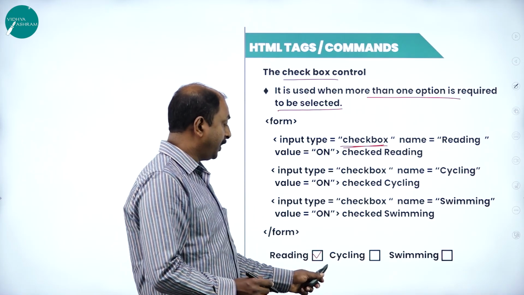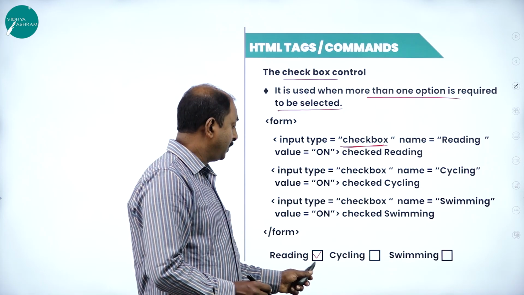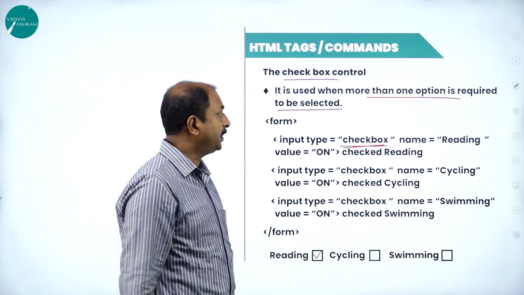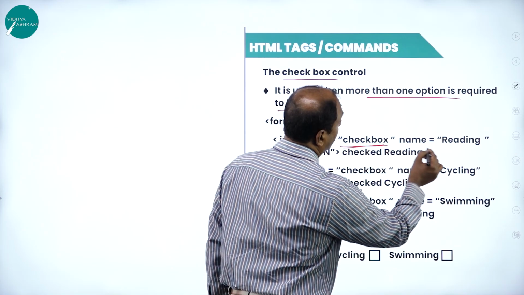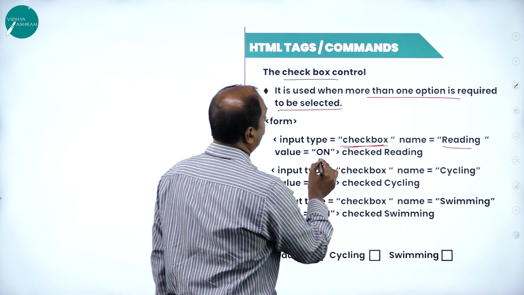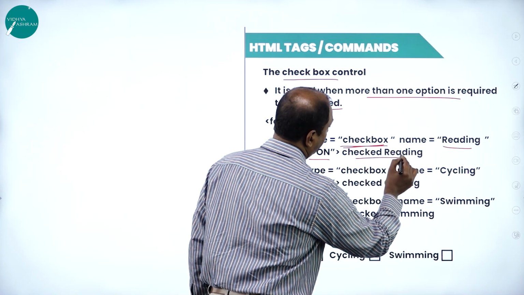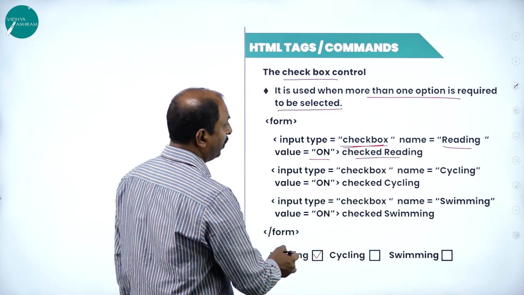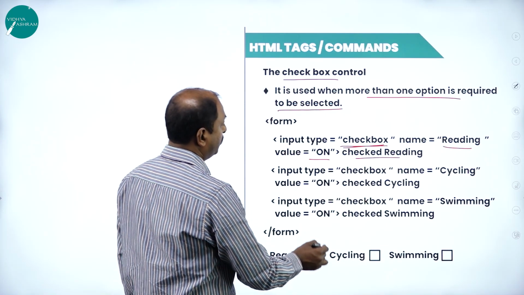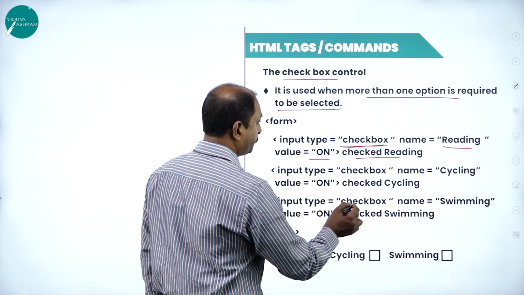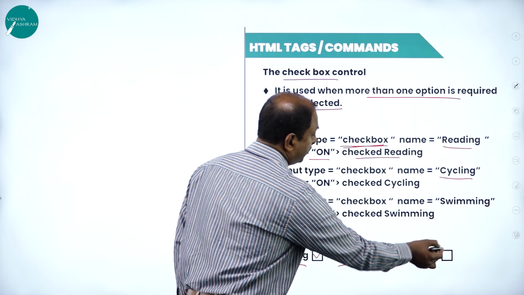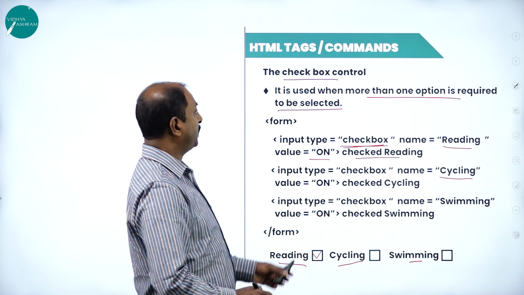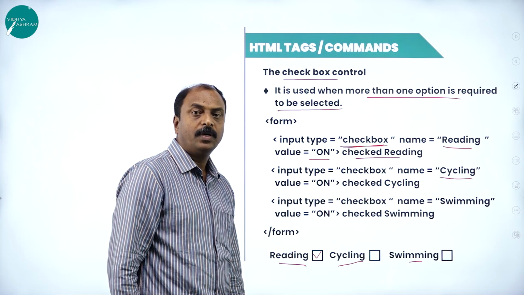As soon as you click on it, it will be ticked. This is how to select checkboxes. The syntax is input type equals checkbox, name equals reading, value equals on, checked, reading. Again, name equals cycling, one more checkbox, another checkbox. This is one of the components of forms.